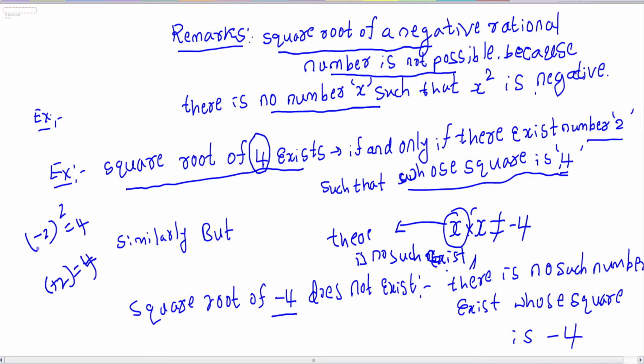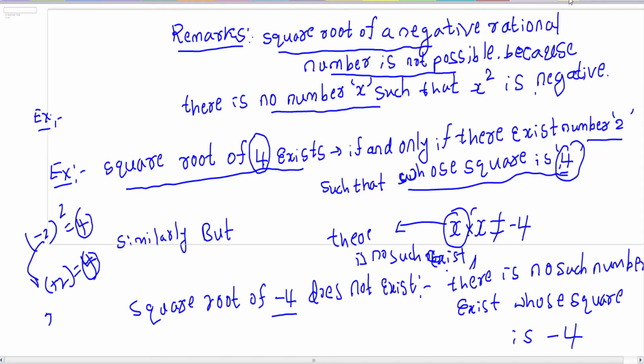But there is no such x whose square is negative. Therefore, according to the definition, the square root of 4 exists. Any number's square root exists if there exists a number whose square is equal to this one. This definition only is the same thing I told you. Okay, this is the remark.